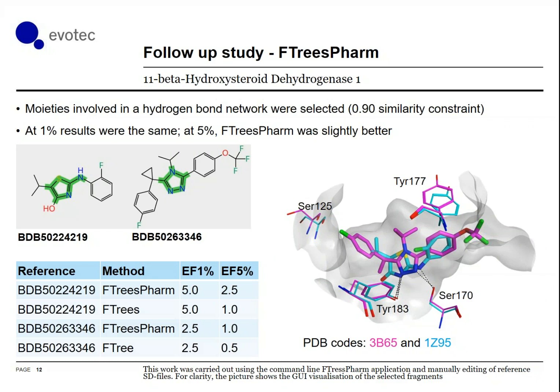On the right-hand side of the slide, you can see the co-crystallized structure of these 2 compounds, and by, let's say, mere visual inspection of the co-crystallized structure, I have chosen to select this substructure as a pharmacophore constraint in my FTrees-FS query, which is also highlighted here in the 2D structure given by the GUI, and with a similarity constraint of 0.9.